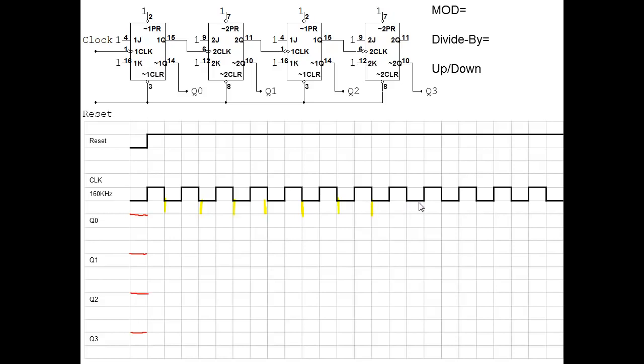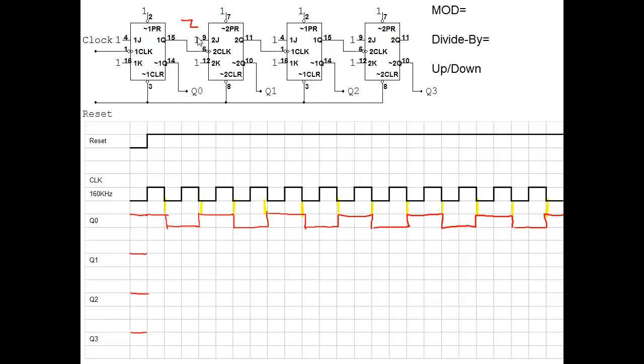And again, highlight it or use dotted lines, whatever you want to do. It's nice to have something indicating where to change it, because you kind of lose your place if you don't. So we toggle on each one of these negative edges going across here. Okay, now we'll look at this again.